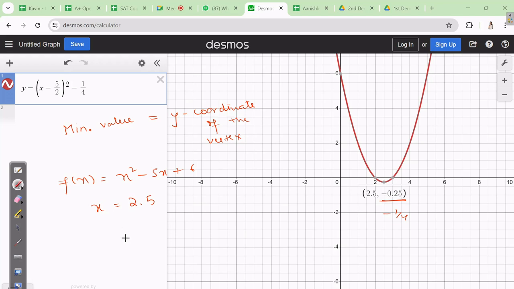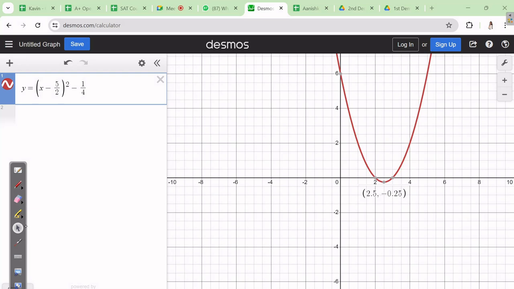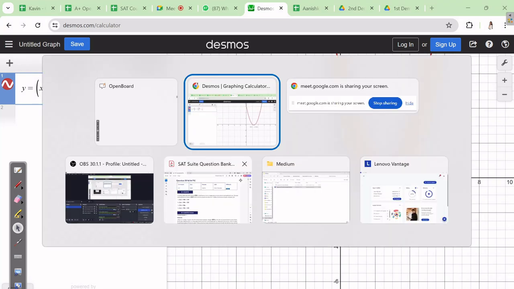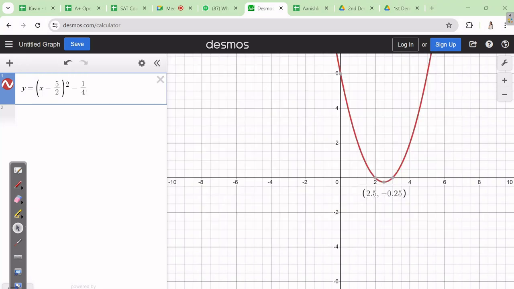So this question can also be asked as: at what point will we get the minimum value of this function? We'll get the minimum value when x is equal to 2.5, and that value is going to be negative 1 over 4. Okay, is this clear? Okay, there is another way of finding out this minimum value.